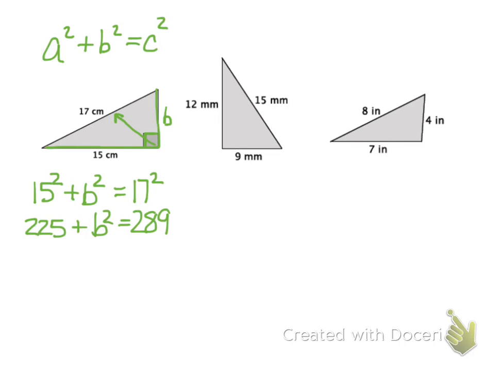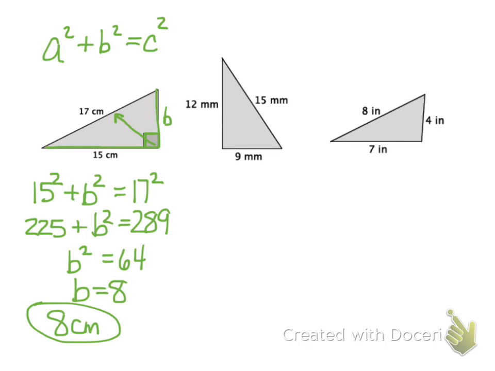So we want to subtract 225 from both sides, and we'll get b squared is equal to 64. And we know that 8 times 8 is 64, so b is equal to 8. So our missing side length is 8 centimeters up there on that triangle.